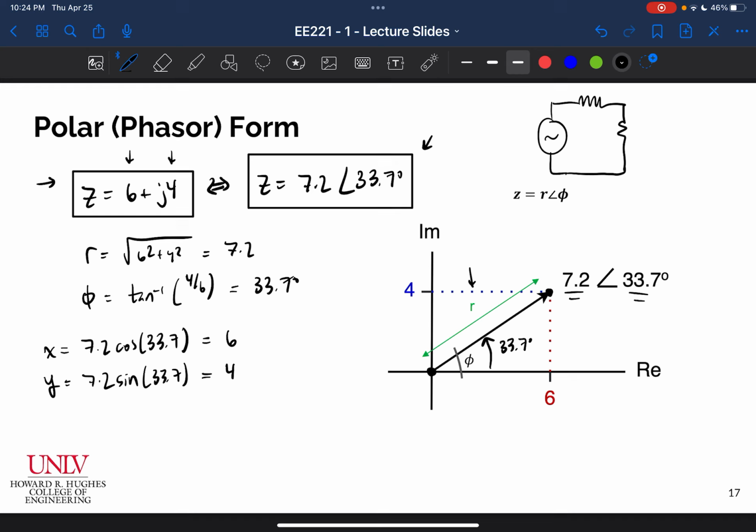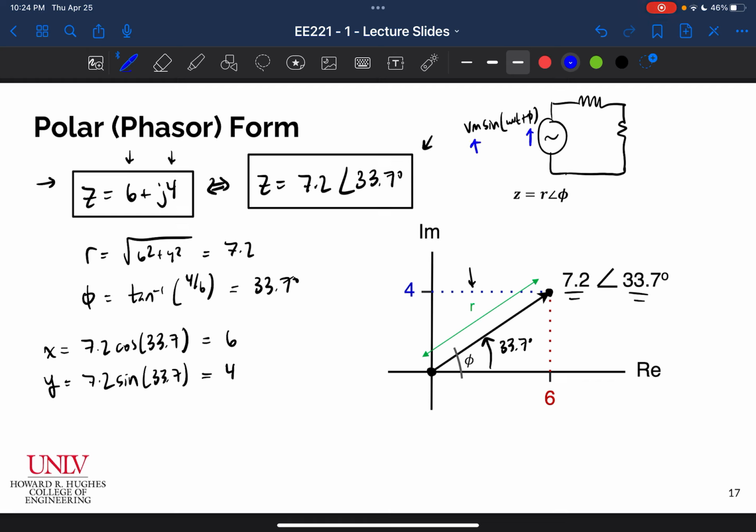Nothing about my circuit will change the frequency of the signals. The only things that will change are the amplitude and the phase of the sine wave. So again, I'll write it as Vm sine of omega t plus some phase.